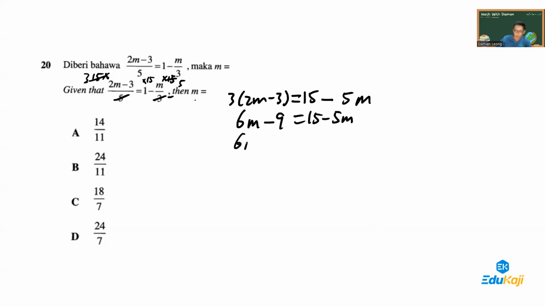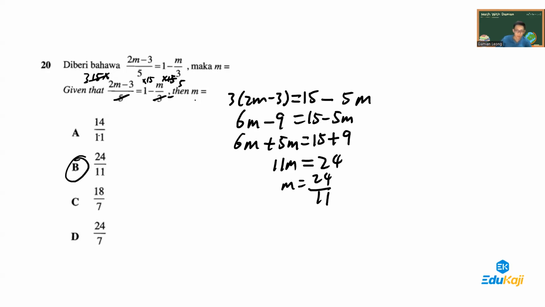I rearrange. Minus 5m bring over plus 5m. Minus 9 bring over becomes plus 9. So it's 24. This is 11. m is 24 over 11. Answer B.